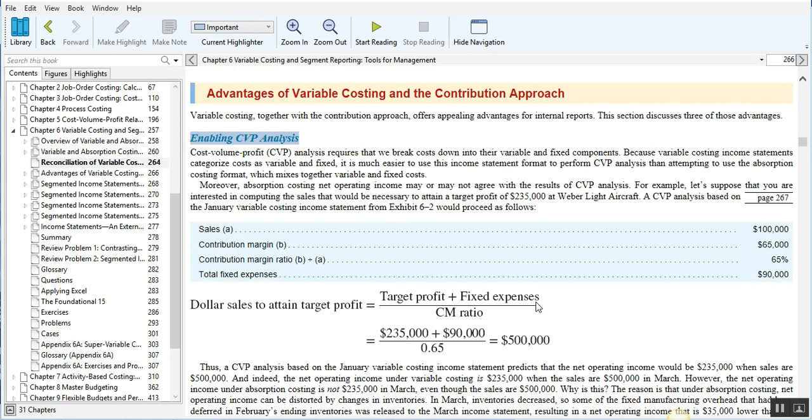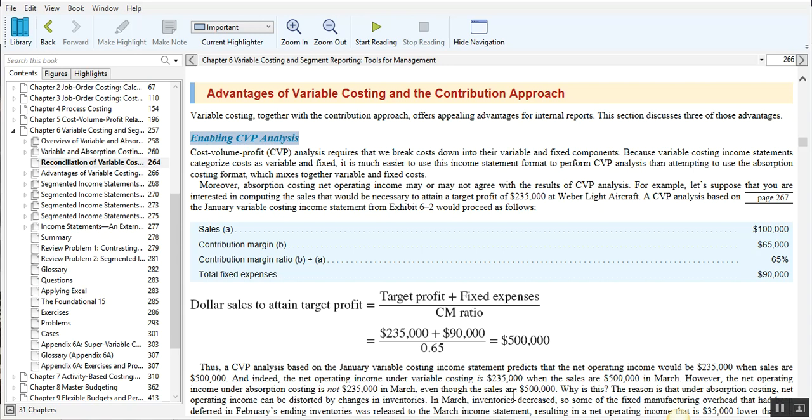Now, there are some advantages of the variable costing approach. One of the obvious ones, I think, after working through Chapter 5 the way we did, is cost volume profit analysis, the CVP analysis that we're going to do.